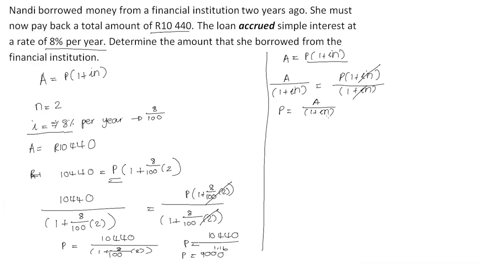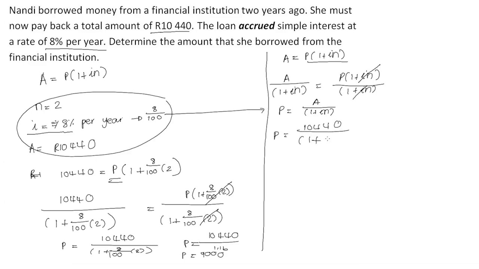Once again, if we substitute these values into this formula, we get the same answer as we had in method 1. So once again, the amount of money Nandi borrowed is calculated to be 9,000 Rand.